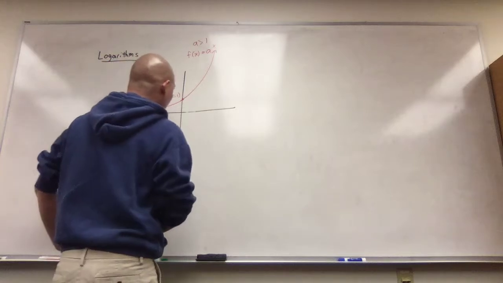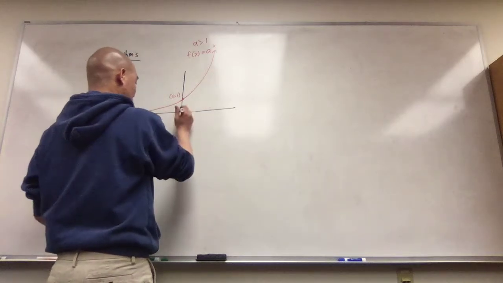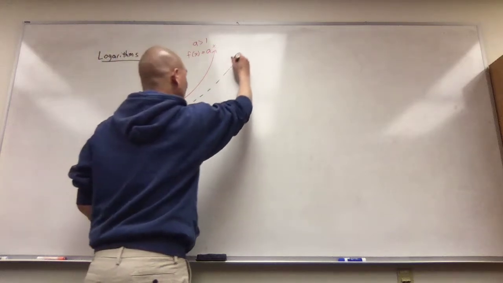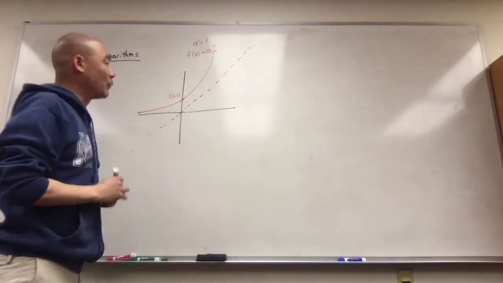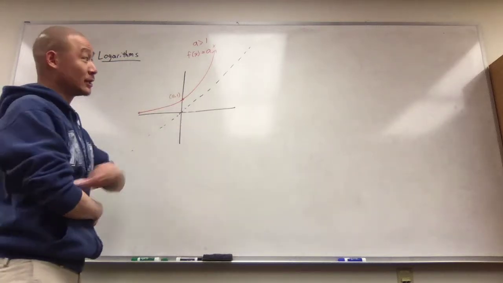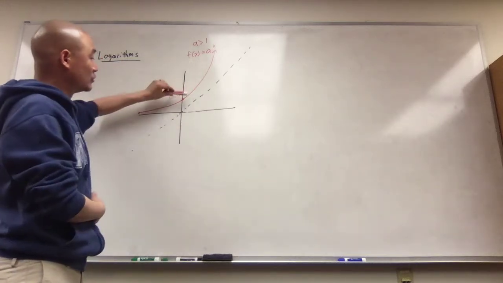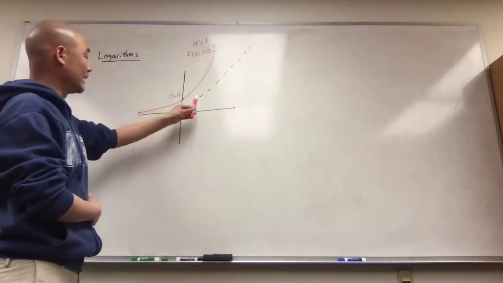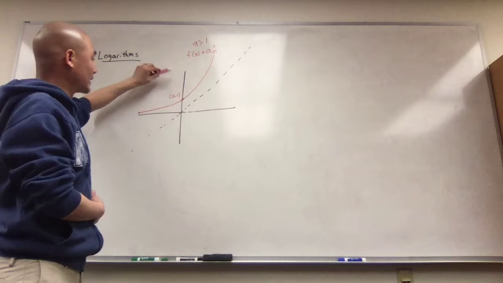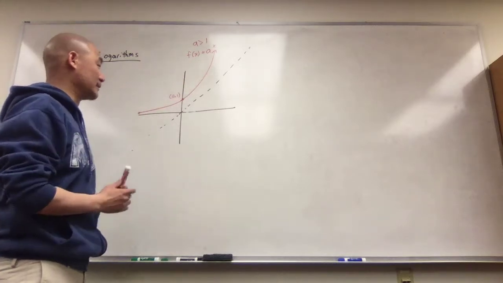Now, the inverse function of any function simply reverses the roles of the inputs and the outputs. And we know that this function will have such an inverse because it's one-to-one. No two inputs will give you the same output. Every output is unique to the input.